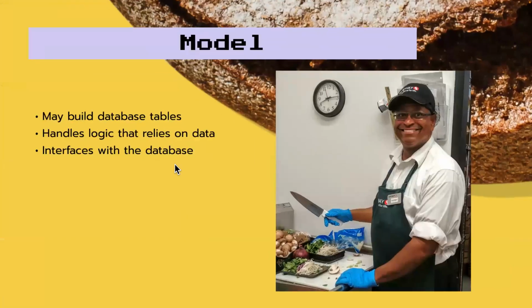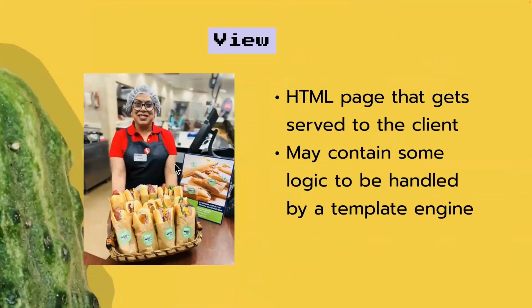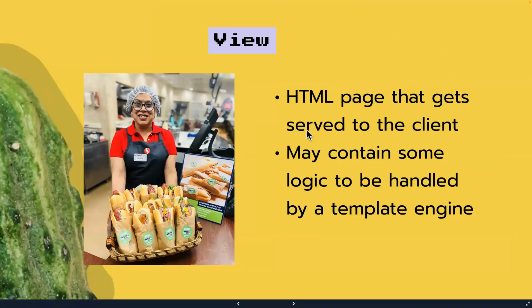Once she receives the ingredients, she then passes it on to our third team player, the view. What does the view do? The view packages up the data nice and neatly and presents it back to the client. So she's the person ringing you up and wrapping up your sandwich, putting a sticker on it, asking if you want a cookie. She's the view.